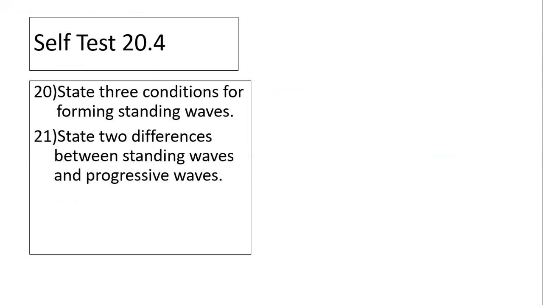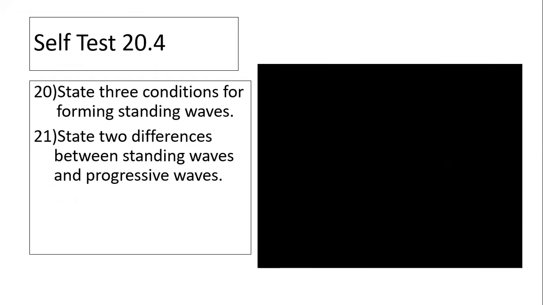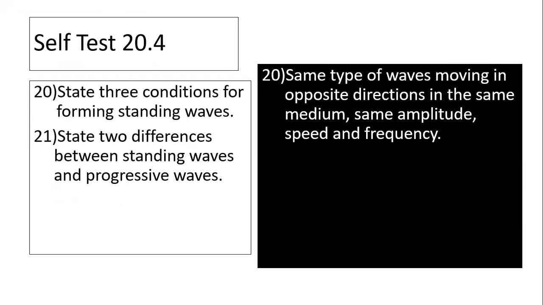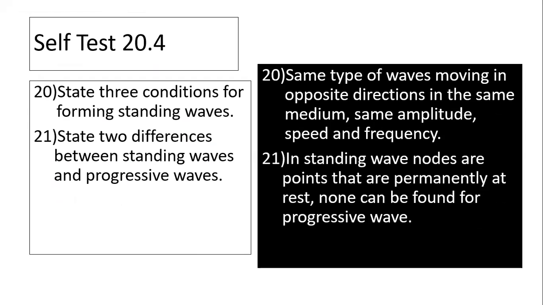State the condition for standing wave. Right, memory work. Same type of wave, moving in opposite direction, same medium, same amplitude, same speed, same frequency. Take two differences between standing wave and progressive wave, memory work. In standing wave, the nodes are points that are permanently at rest. Progressive wave, there's no point that's permanently at rest.